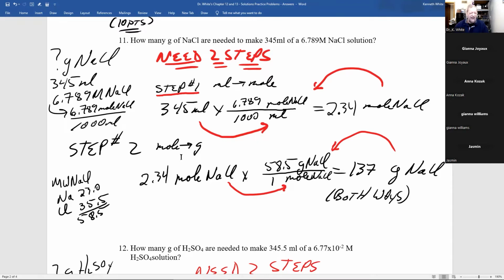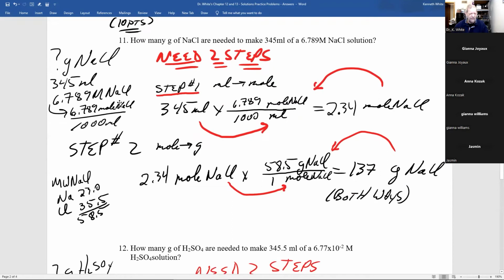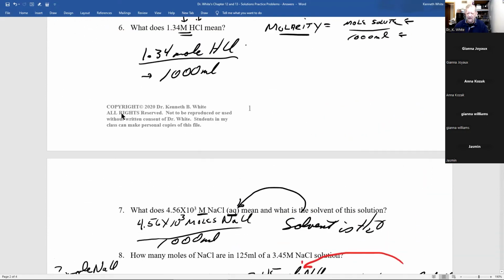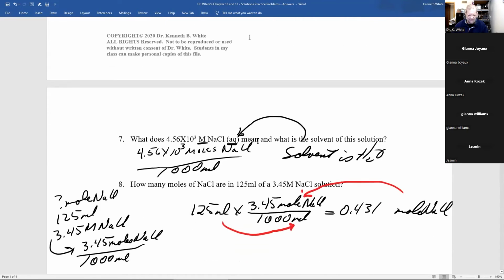So what are we being asked to find? Grams of sodium chloride. What are we given? The milliliters. And we're also given this number, 6.789 capital M NaCl. As soon as you see a capital M between a number and a formula, that means molarity. Molarity, moles of solute per 1,000 milliliters of solution.